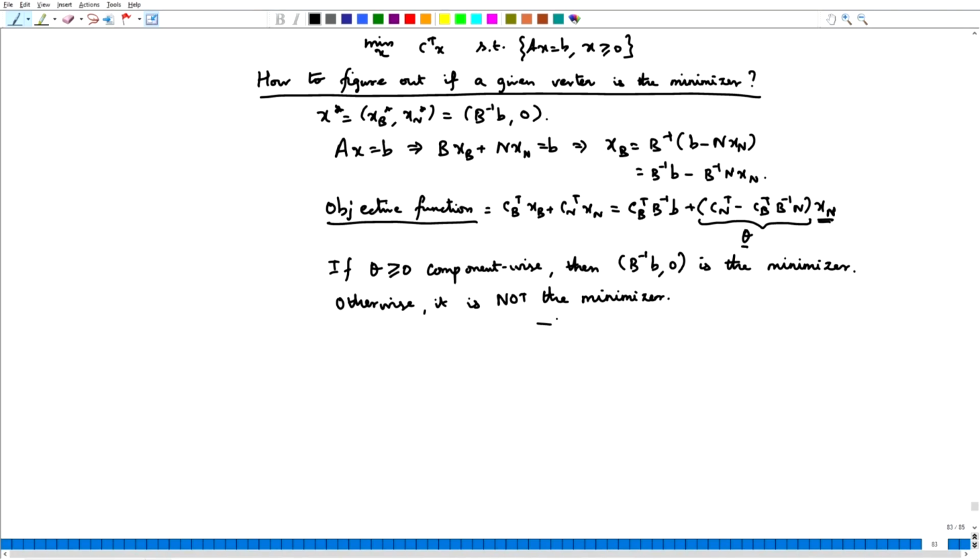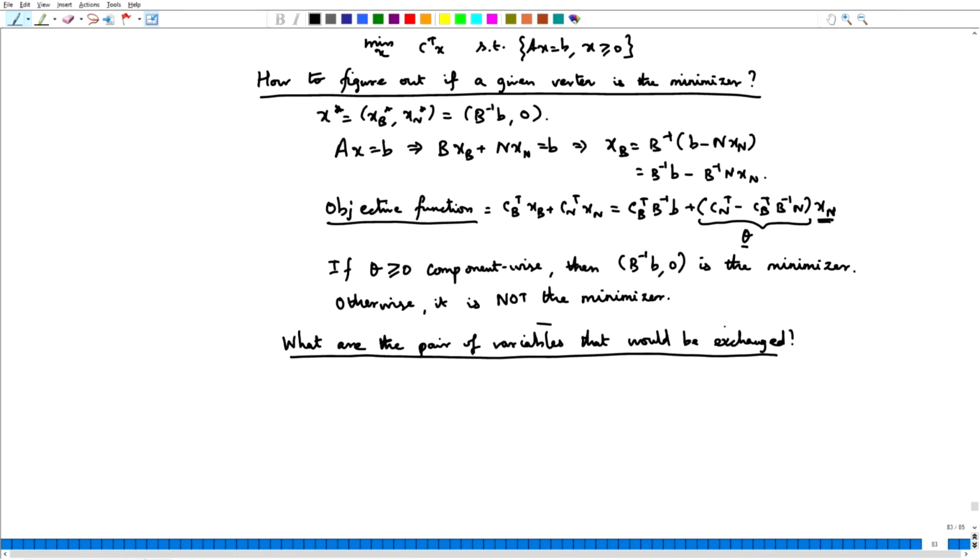The question basically is, what is the pair of variables that would be exchanged if B inverse b comma 0 were not the minimizer, okay.